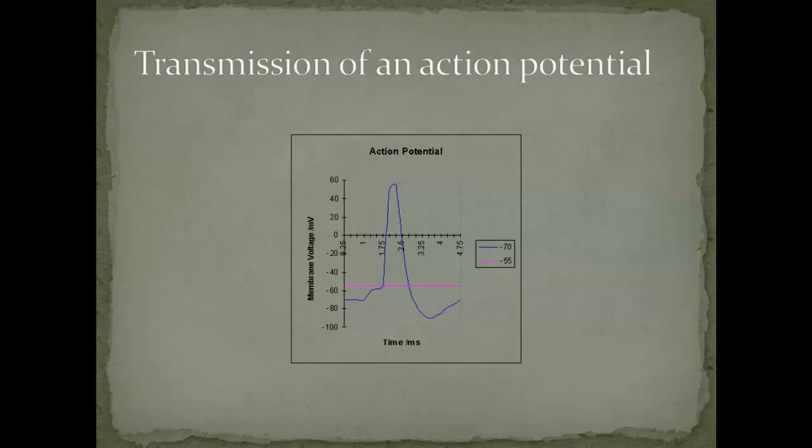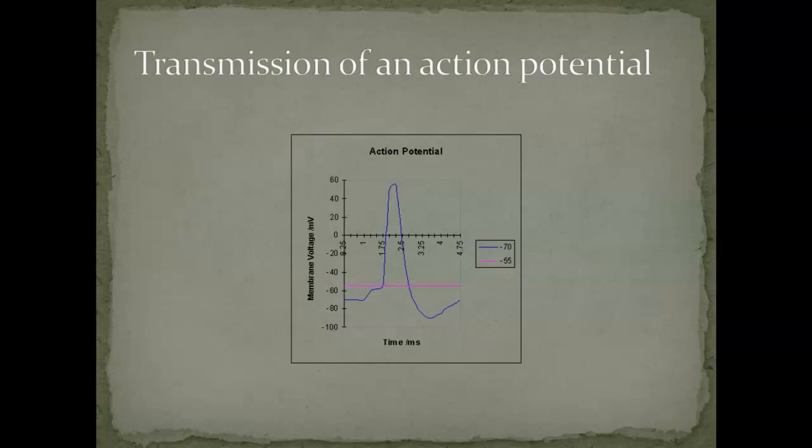Now this graph right here shows you what the resting potential should be, about negative 65. And then that pink line, or fuchsia, whatever color that is, that's the threshold. If a charge distribution stays below that, then an action potential won't be generated. Once you go past that threshold, then it's an all or none, if you will.